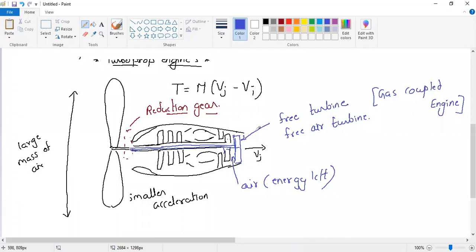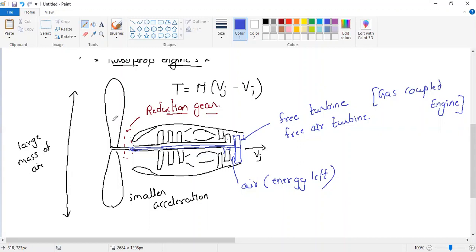Less energy means they will rotate the free air turbine at a lower RPM. So the free air turbine can be directly connected to the turboprop propeller also. Understood? I can have a free air turbine connected via reduction gear to the propeller, or I can connect the free air turbine directly to the propeller.